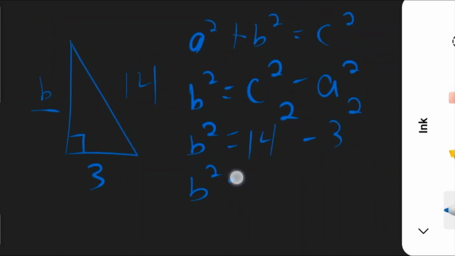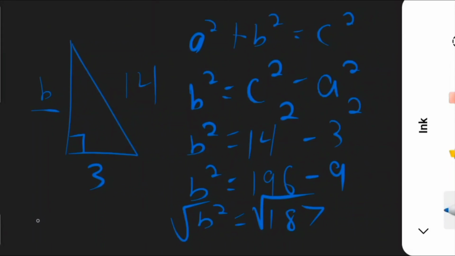So this leg squared is equal to 196 minus 9. So b squared is equal to 187. So we take the square root of both sides, and we find that this length is approximately 13.67.